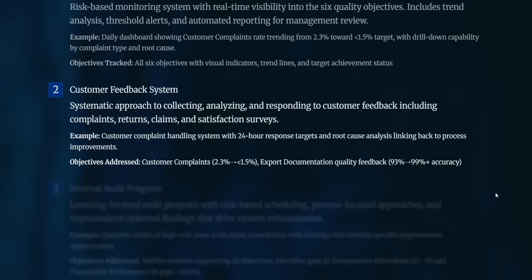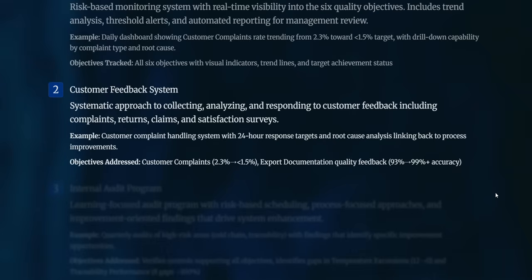The second output would be a customer feedback system, and it must be a systematic approach to collecting, analyzing, and reporting customer feedback, including complaints, returns, claims, and satisfaction surveys. An example of our customer feedback system includes a customer complaints handling system with a 24-hour response target and root cause analysis linking back to process improvement.